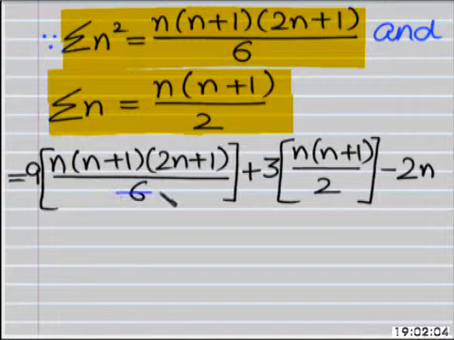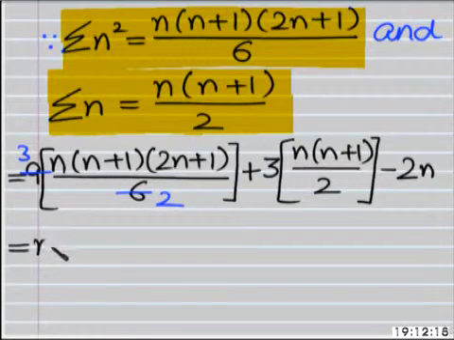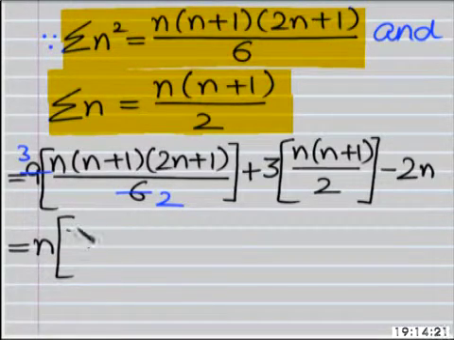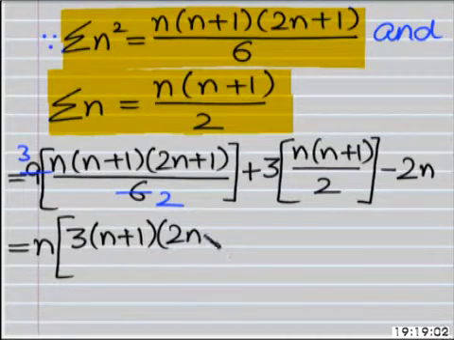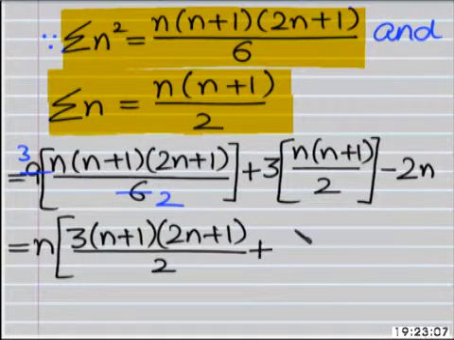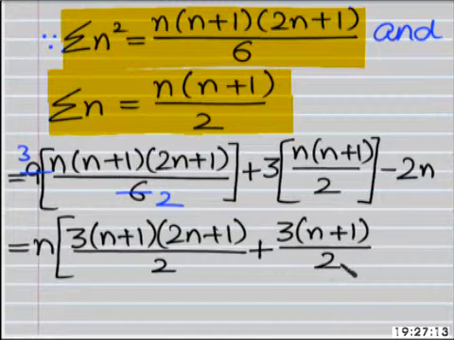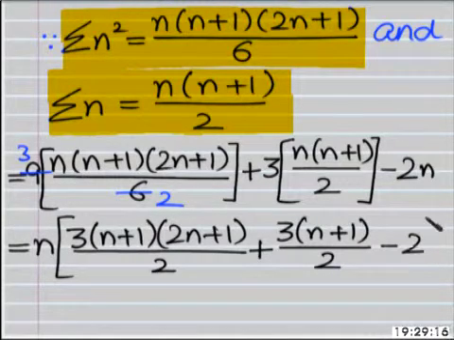On solving it and taking n common, we get Sn is equal to n whole multiplied by 3 into n plus 1 into 2n plus 1 whole divided by 2 plus 3 into n plus 1 whole divided by 2 minus 2.